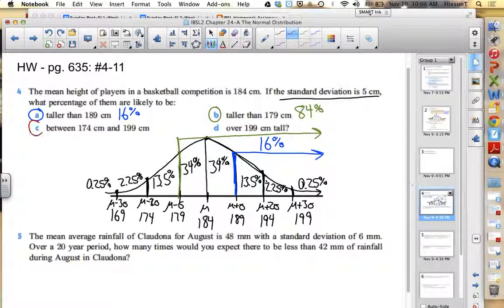Part C, between 174 and 199. From here to here, what'd you get? 97.5. Okay, we've got 2 1/4 plus a quarter, that's 2 1/2, plus another quarter, so that's 2 3/4%. So this would be 97.25, right?